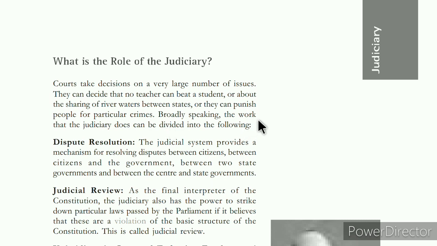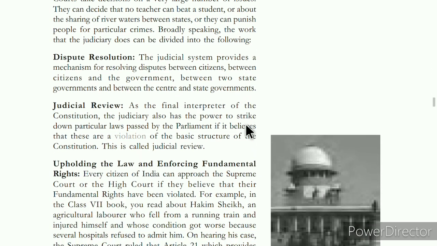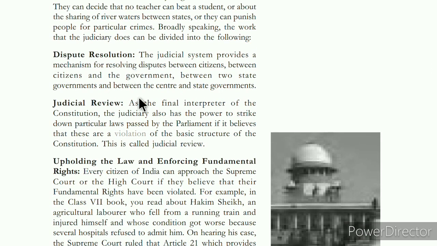Broadly speaking, the work that the judiciary does can be divided into the following: dispute resolutions. Look at that, dispute resolutions. The judicial system provides a mechanism for resolving disputes between citizens and the government, between two state governments, and between center and state governments. Could you understand what the dispute resolutions done by the court are?